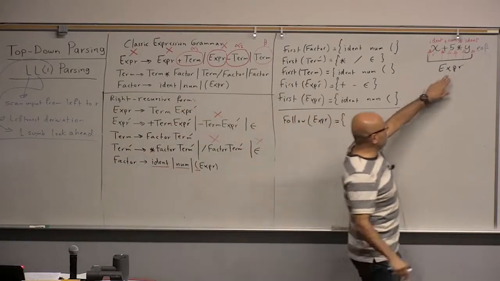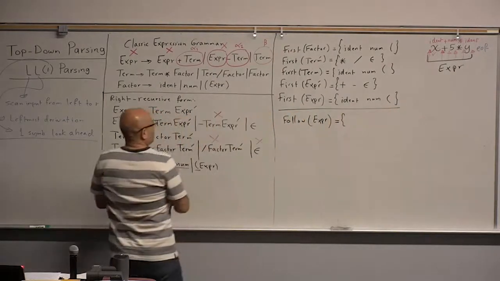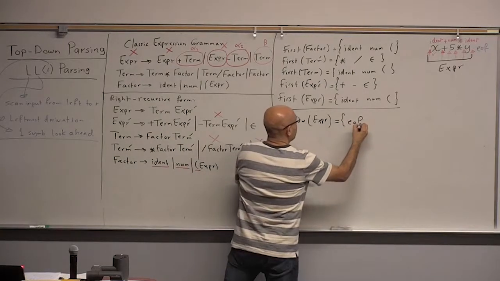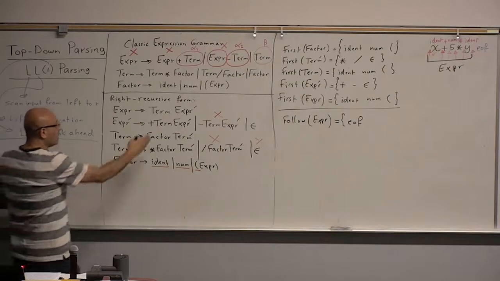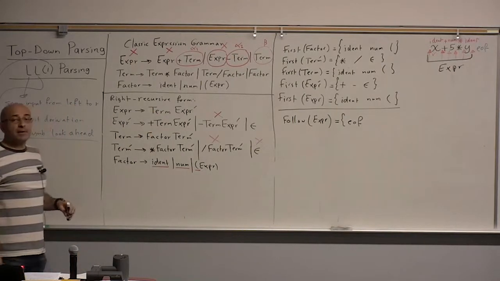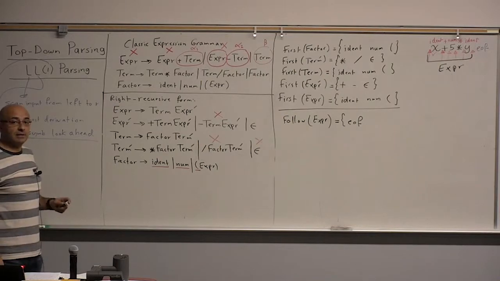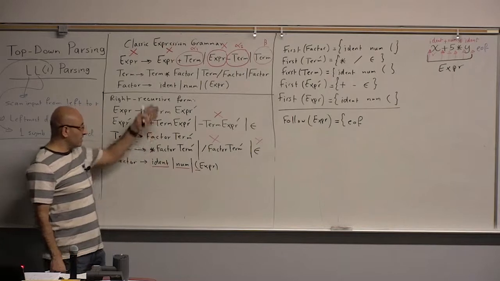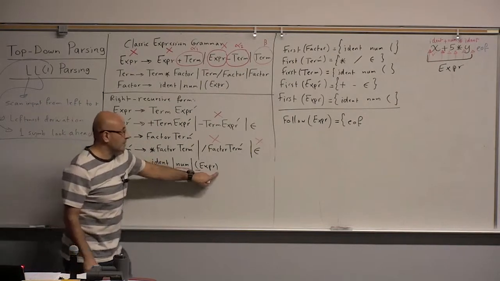So after the root of the tree, you will always have the end of file. But in fact, if you look at the right-hand side, there will be other symbols that can appear in the follow set of expression. What appears after expression on the right-hand side? Closing parentheses. Close parentheses, yes.